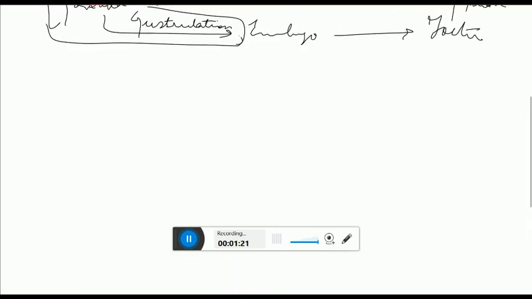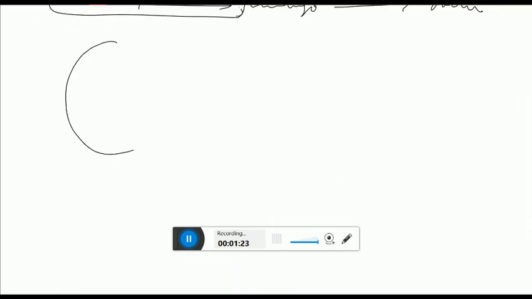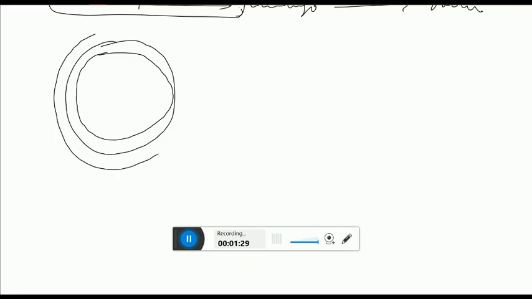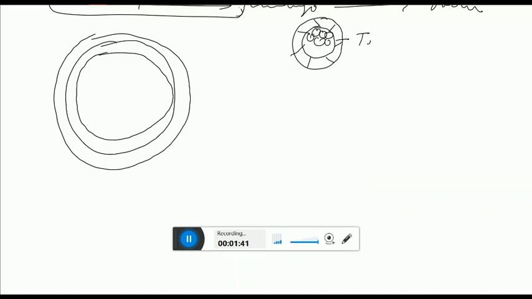So, I'll start with blastocyst. So, this is the early stage of blastocyst. The outer layer is trophoblast. The inner one is inner cell mass.